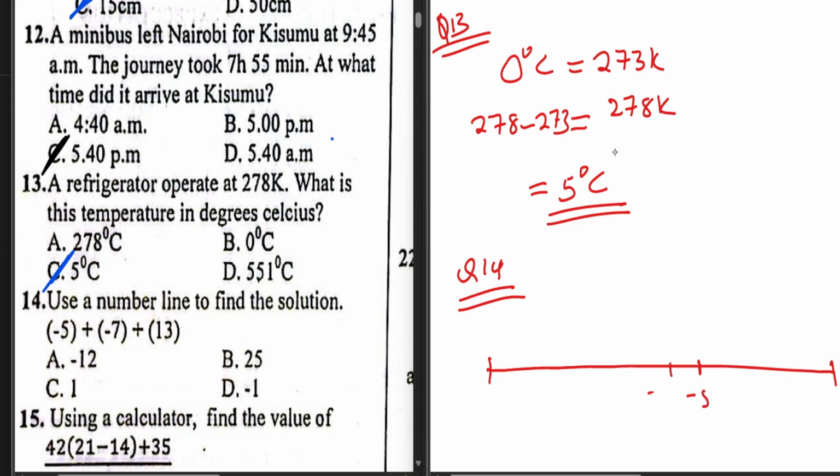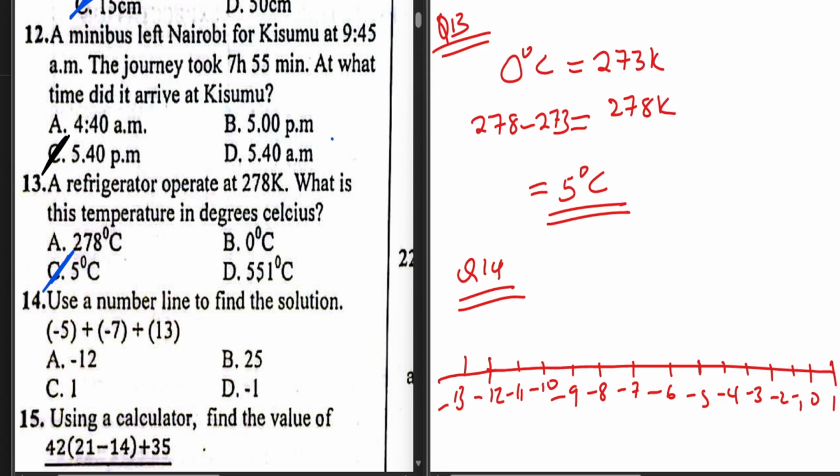Negative 5, negative 6, negative 7, negative 8, negative 9, negative 10, negative 11, negative 12, and it can still continue to give you negative 13. Then obviously negative 4, negative 3, negative 2, negative 1, 0, 1.